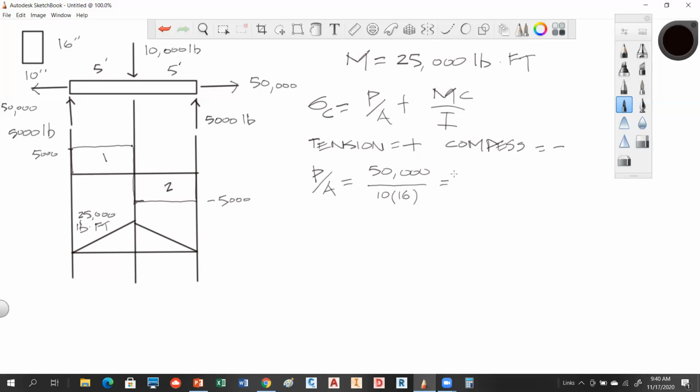Let's see what we come up with there. I get 312.5.